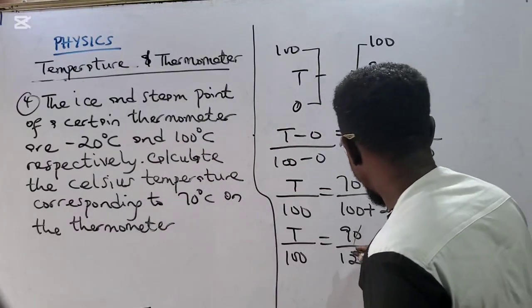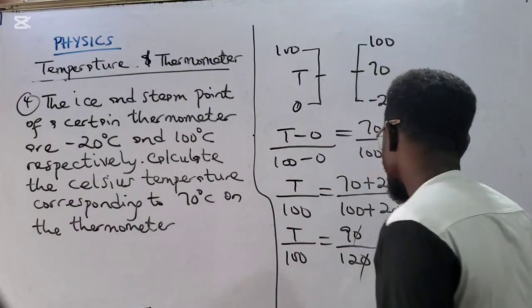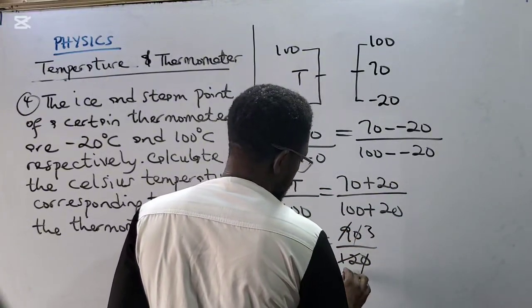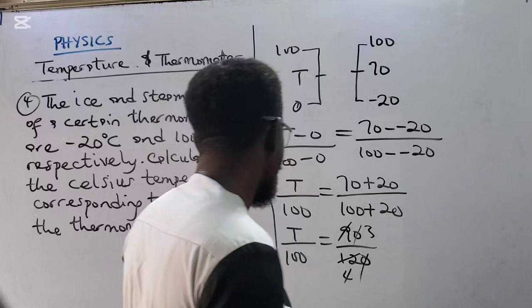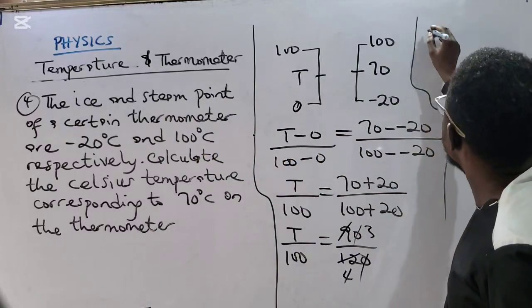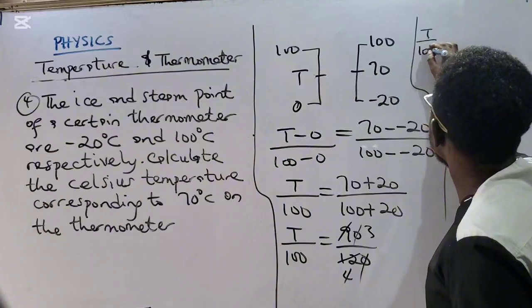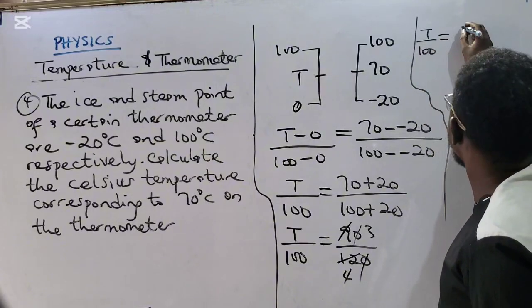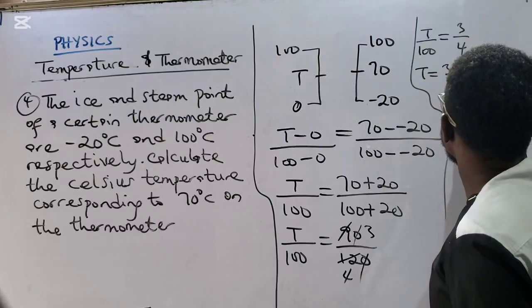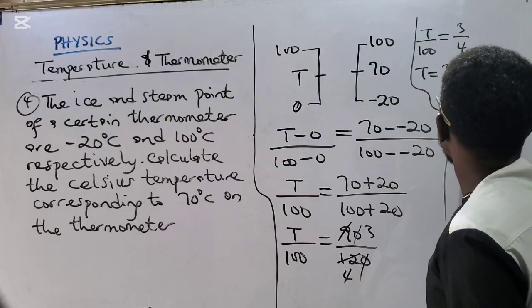Okay, this 0 here can cancel this one here. 3 can divide here, 3 here will give us 3, 3 into 12 will give us 4. So we'll get 3 over 4. So now if you cross multiply, here we'll get T over 100 equals 3 over 4. So that T will now be 100 times 3 all over 4.